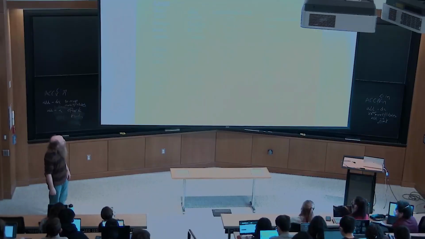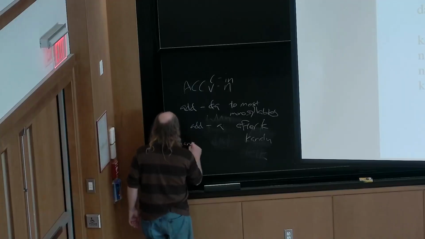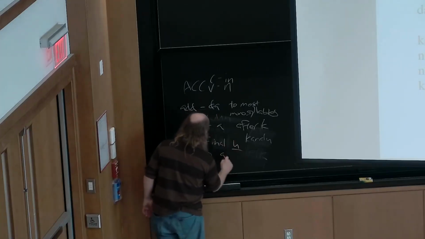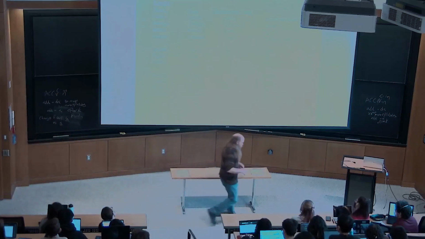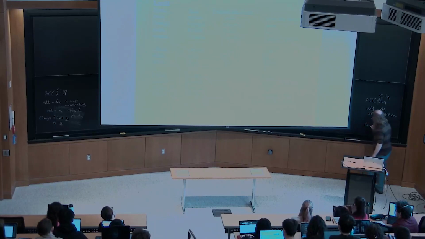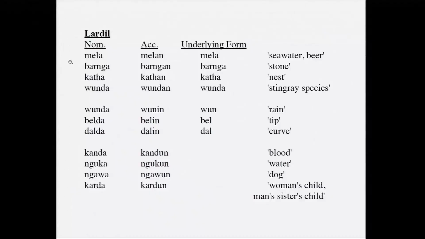We're gonna posit underlying forms like kandu, ngugu, ngawu, kardu, and then we're gonna have a rule: change final u to a. So underlying ngugu gives you the accusative: the ngugu takes the n, and you get ngugun. But there's another rule that says change final u to a, that in the nominative changes ngugu to nguga. Yeah? Okay, good.